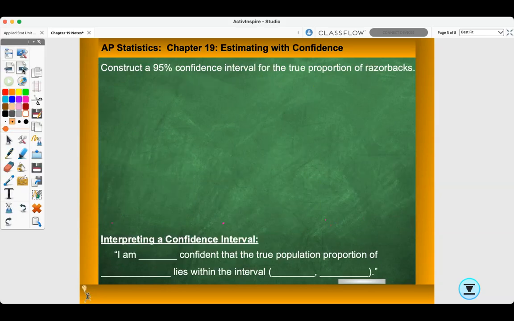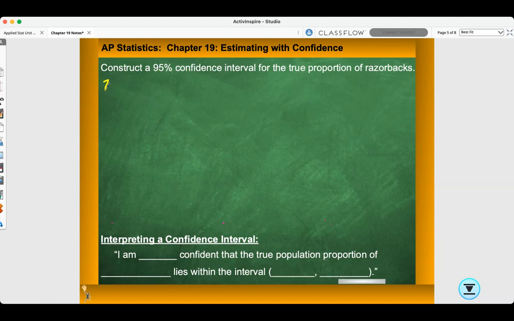So what I want to do is construct a 95% confidence interval for the true proportion of razorbacks from my example. The first thing we need to do is, since it's a 95% confidence interval, we already know that our Z star equals 1.96.